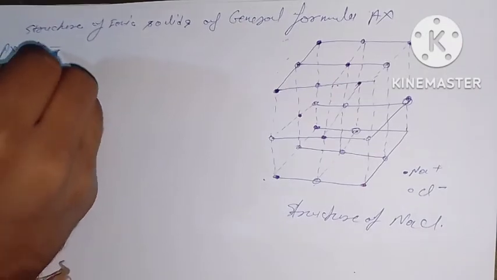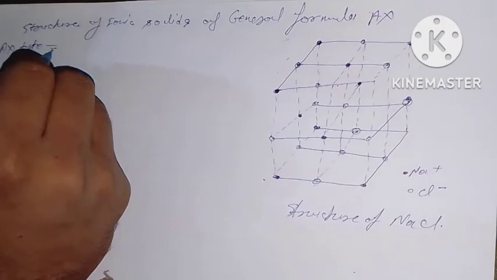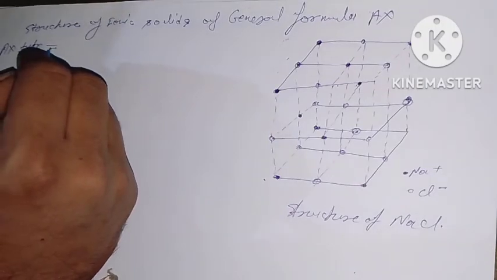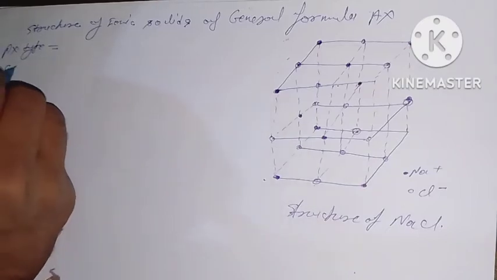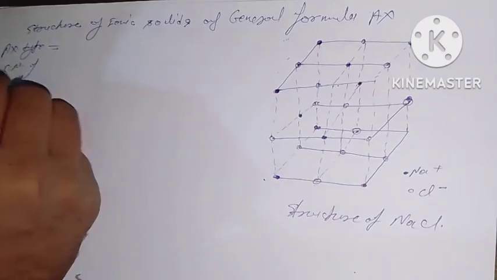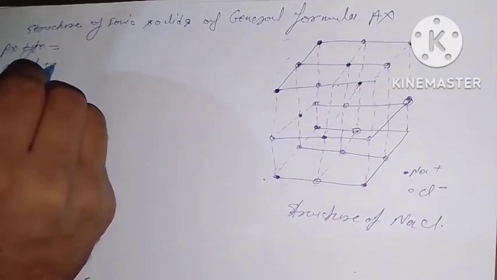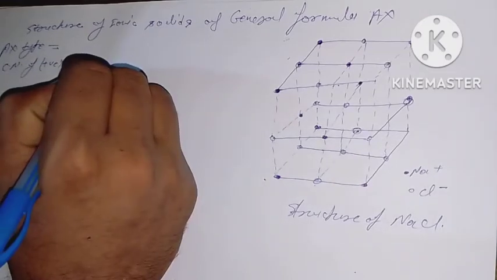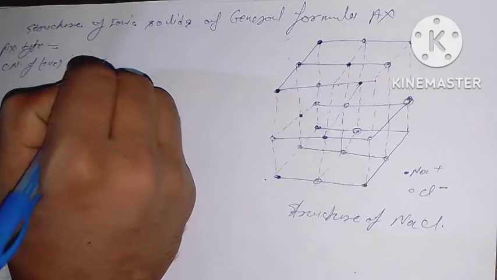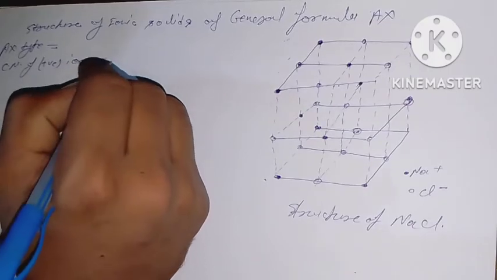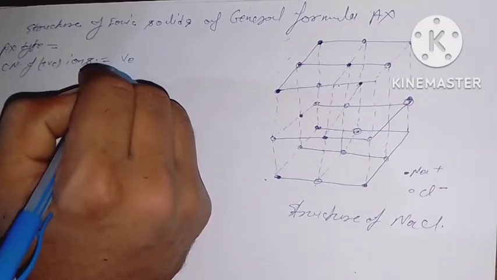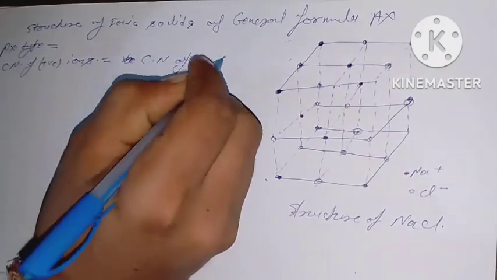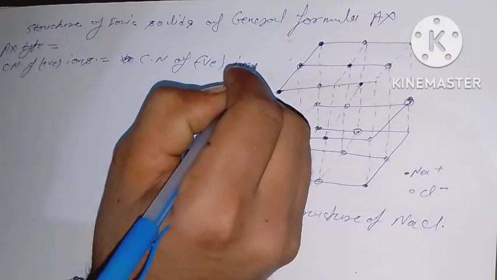In AX type ionic solids, the coordination number of positive ions, that means cations, is equal to the coordination number of negative ions.